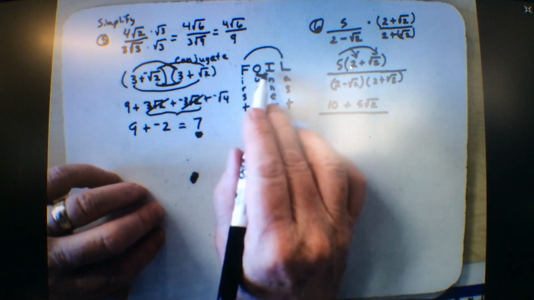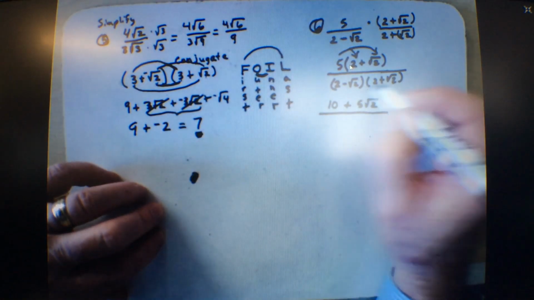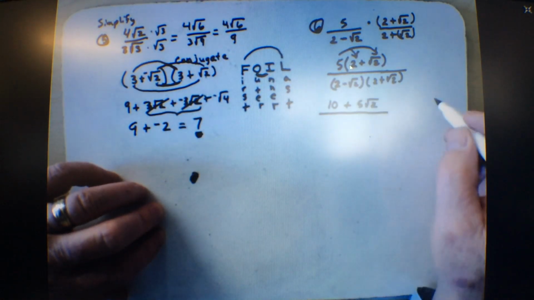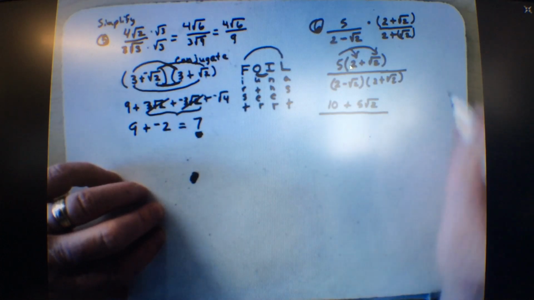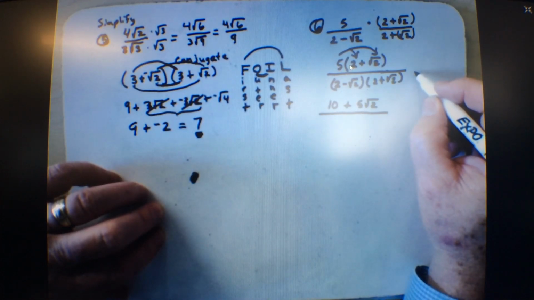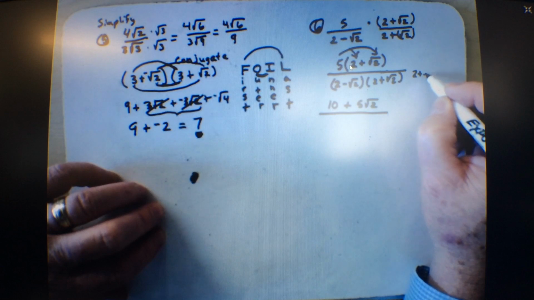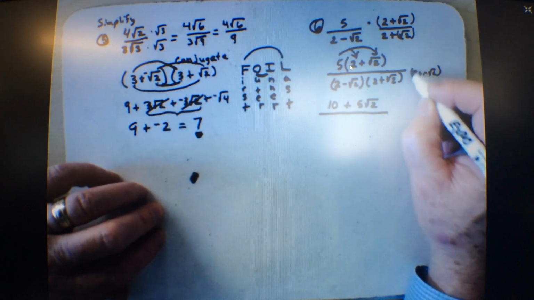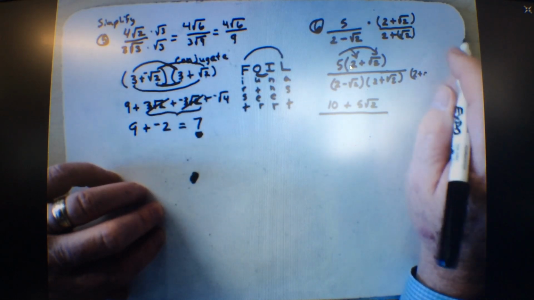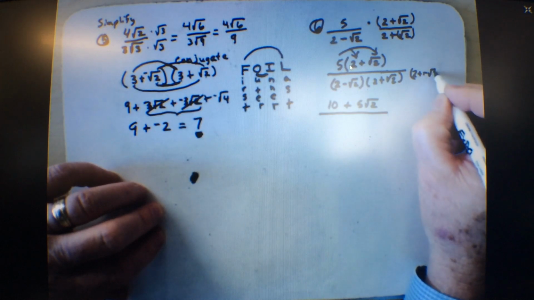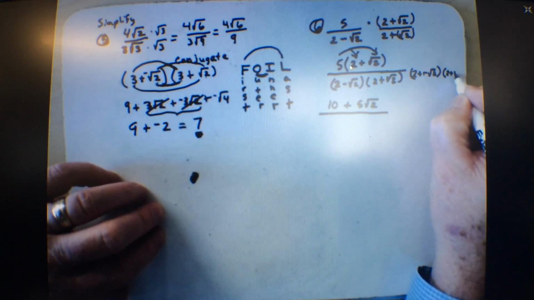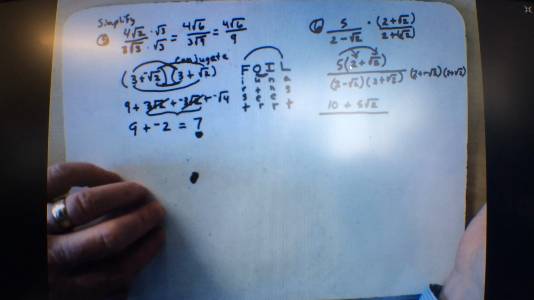Now I use this method that I just showed you, FOIL. So I'm going to do this off to the side: 2 plus a negative square root of 2, and 2 plus the square root of 2. Do we all see that?